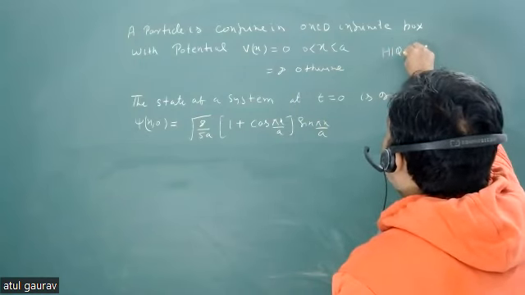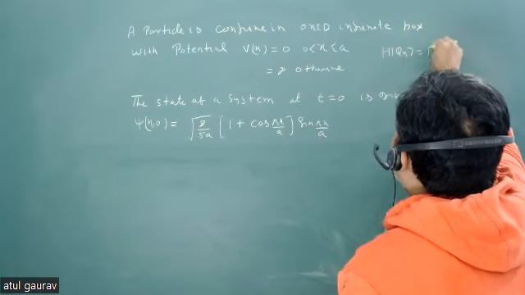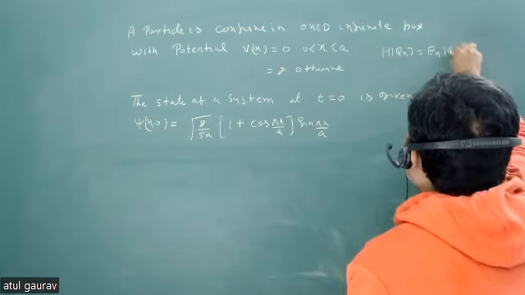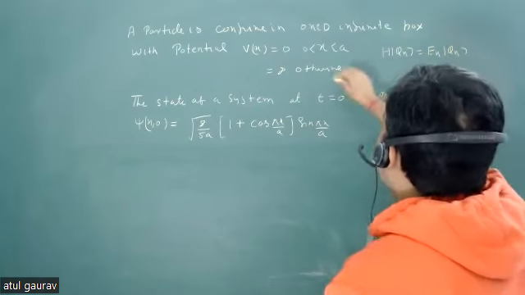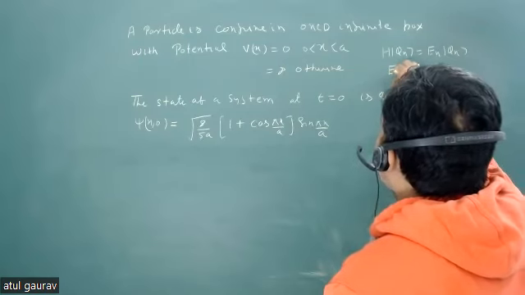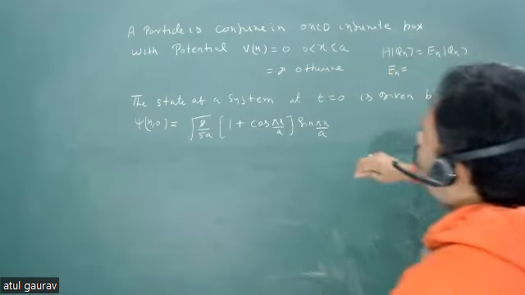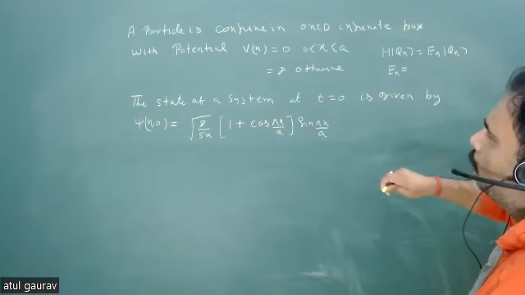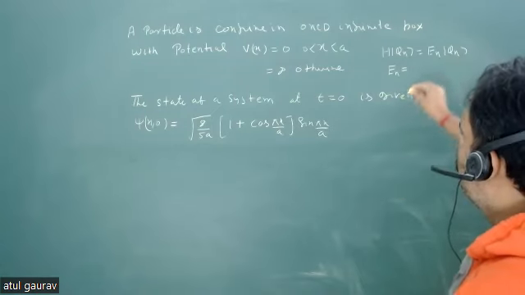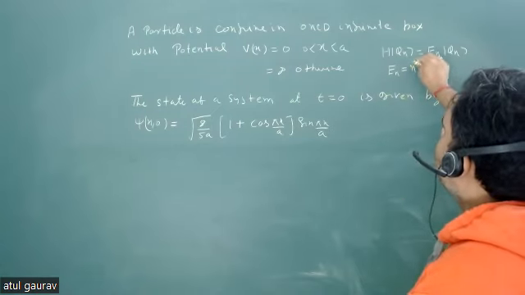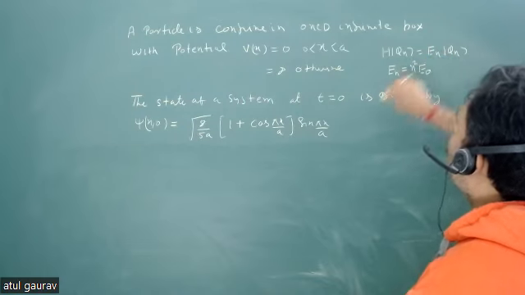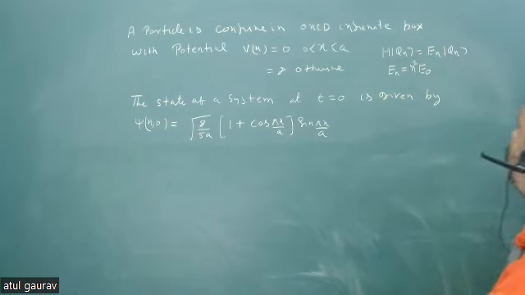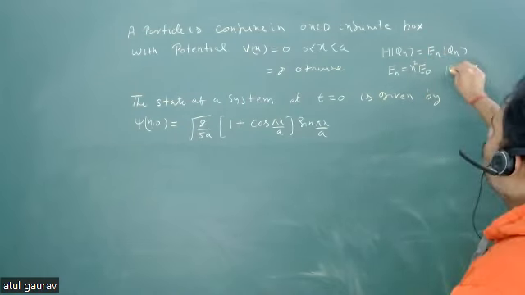H phi n is equal to En phi n. For this system, what is your value of En? For h length square by 2m square. So you can write n square E naught. We will solve everything in terms of E naught. And what is your phi n?